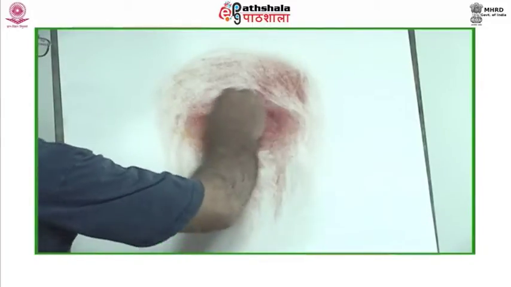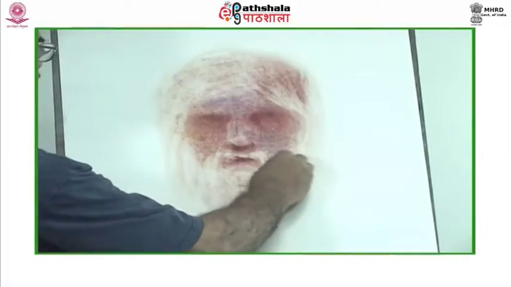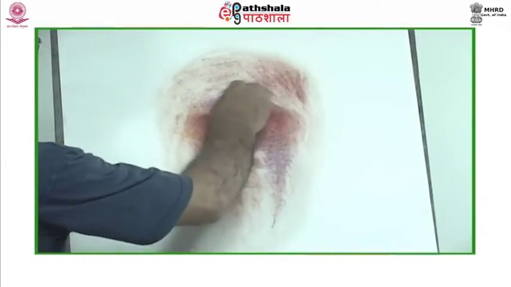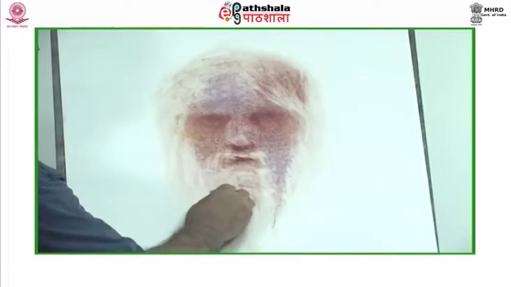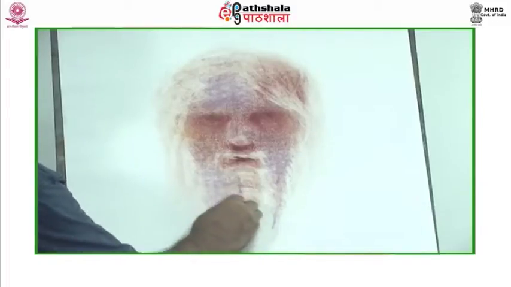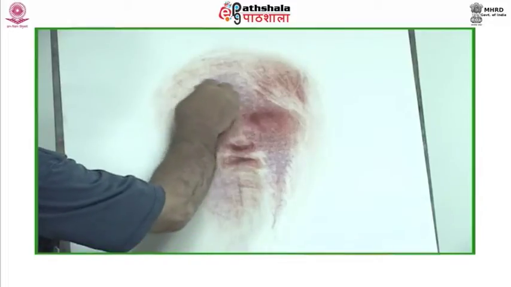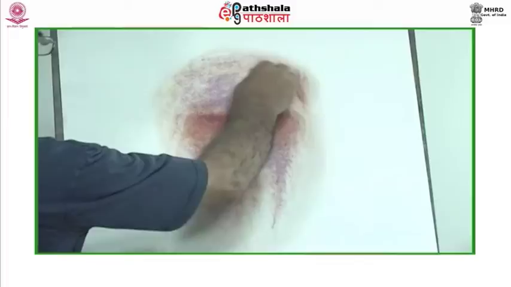Pick violet and add the cool color as an overall wash to the portrait. The use of cloth, hands, fingers, a stump and eraser are commonly used tools in dry medium drawing.